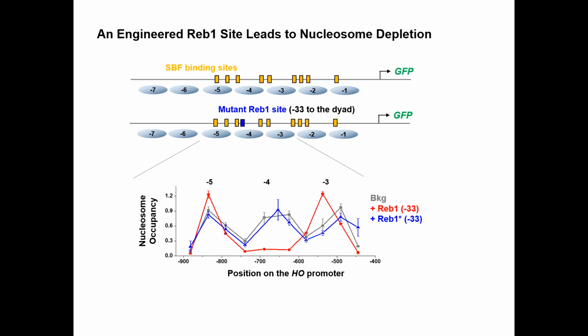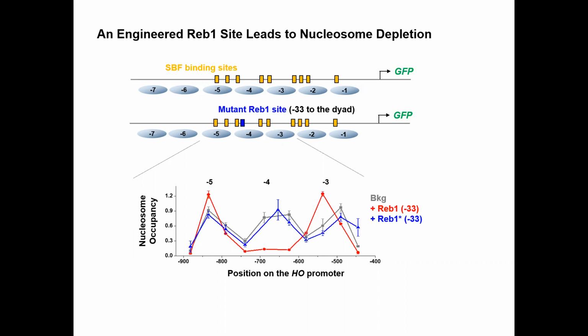In contrast, if we put in a mutated Reb1 site that has a two base pair mutation, none of that happens. This is not too much of a surprise because we already know Reb1 is a pioneer factor in yeast.